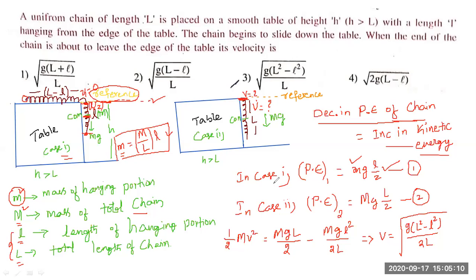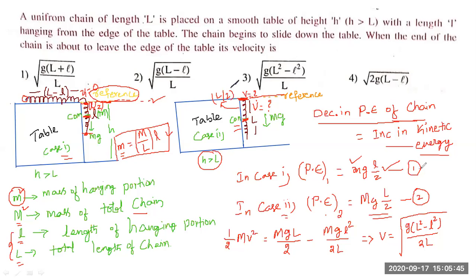At this instant, final potential energy can be written as Mg L by 2, because at the moment of leaving the surface of the table, the total length of the chain will be vertical, because here h is greater than L, no. So at this instant, with respect to the reference line, this distance is going to be capital L by 2, students. Total chain became vertical. So obviously the distance of the center of mass of the total chain from the reference will be capital L by 2. That's why here I have taken final potential energy as capital MgL by 2.